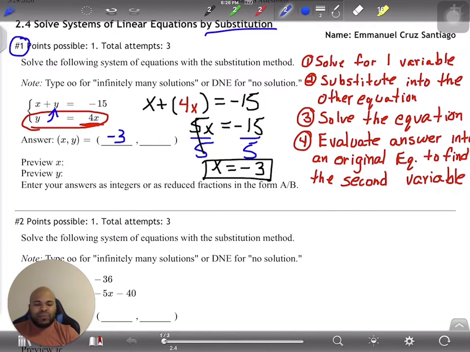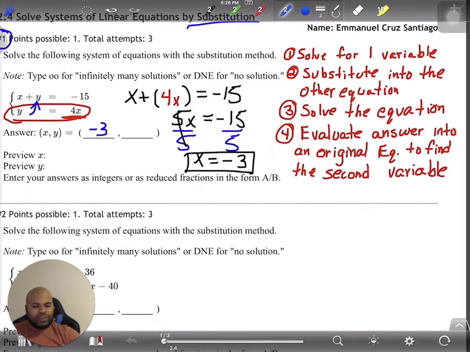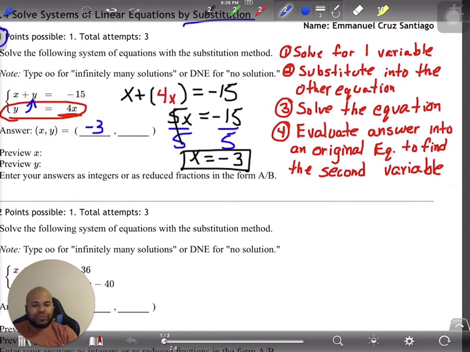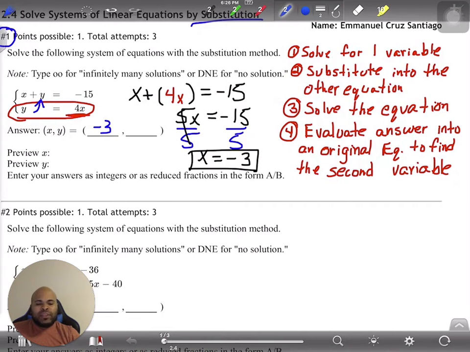Now, how do I find y? Well, I solved the equation. That was step number 3. Okay. So step number 4 is to evaluate the answer into the original equation, just like we did with elimination. So what I'm going to do is that I want to find y. I want to be smart about this. I already have one equation that is solved for y, and that equation is equation number 2. Equation number 2 is already solved for y.